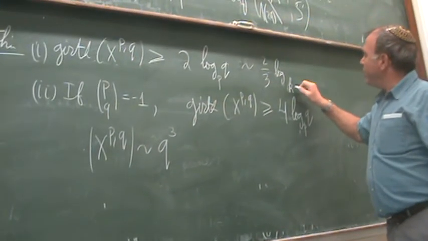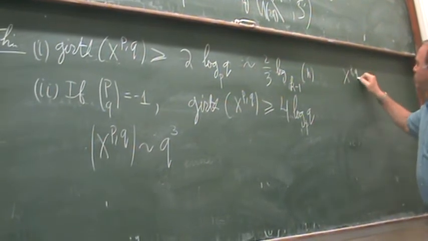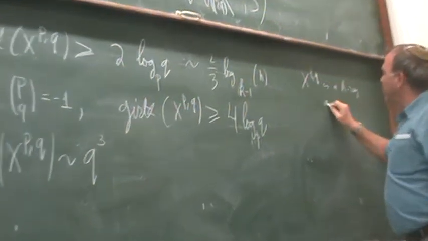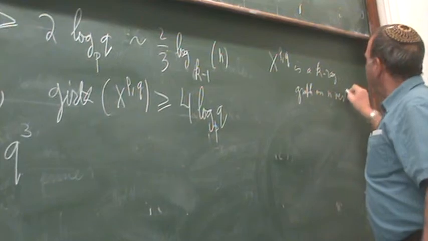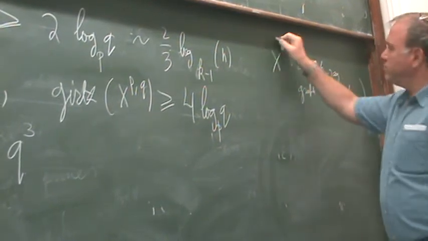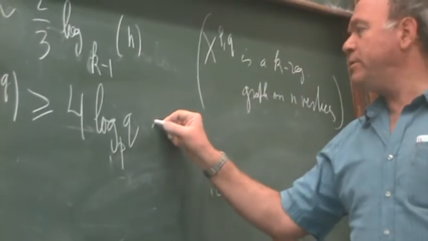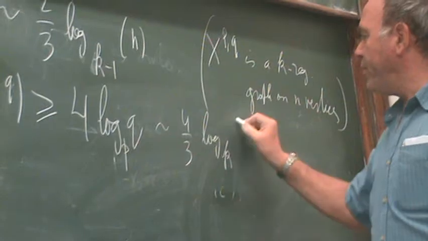XPQ is a K-regular graph on N vertices, and because P is K minus 1, this is 4/3 log base K minus 1 of N.